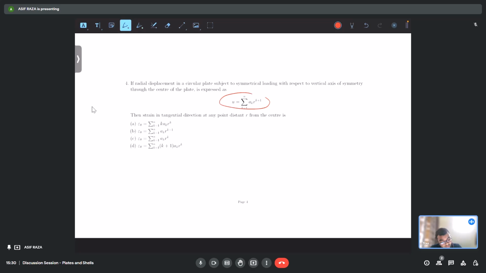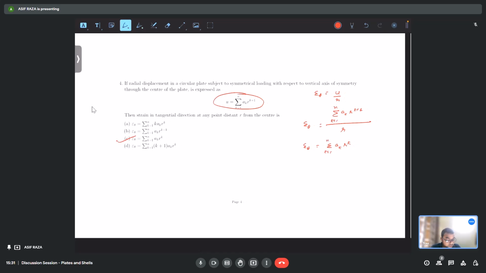This is quite simple, you just need to find epsilon theta, which is given by u/r, as you have all studied, and u is given as the sum of a_k r^(k+1), k varying from 1 to n, divided by r. So when you take it inside, it just reduces to a_k r^k. So the correct answer would be option C.